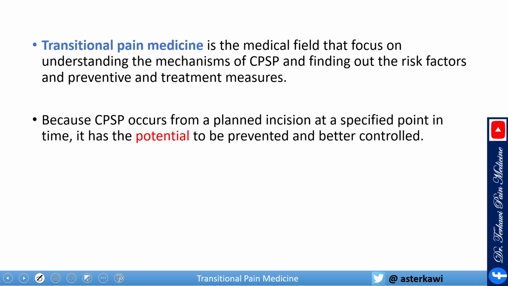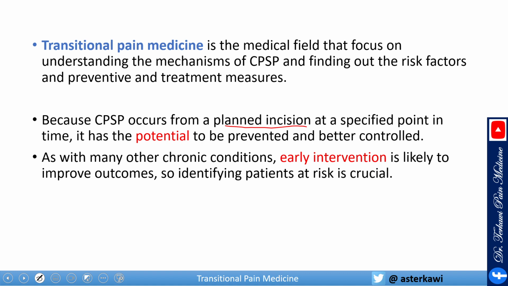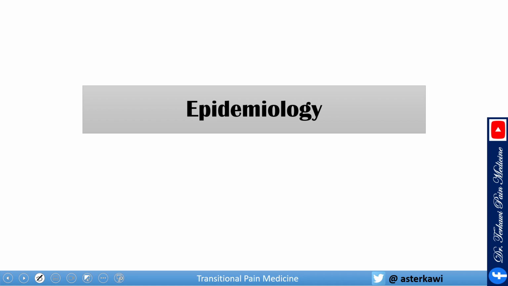Because chronic post-surgical pain occurs from a planned incision at a planned and specific time, you would think there is a potential to prevent this pain, or at least better control it. As with many other chronic conditions, early intervention is likely to improve outcome. So identifying patients at risk is crucial.